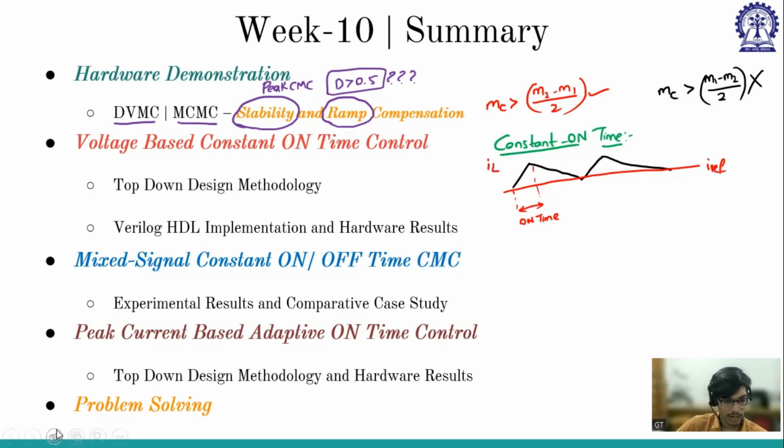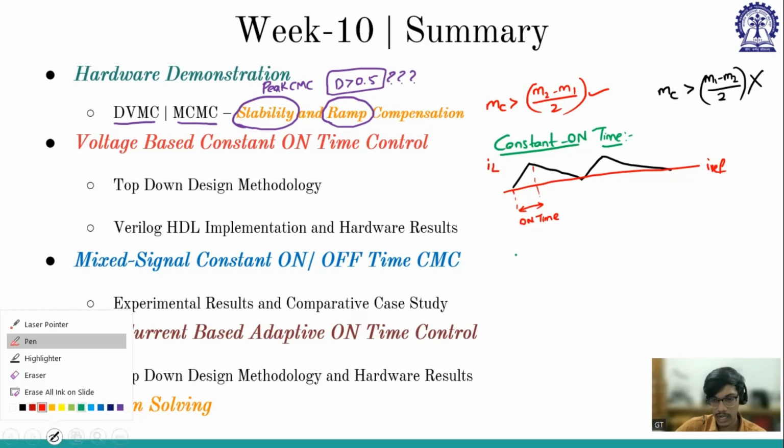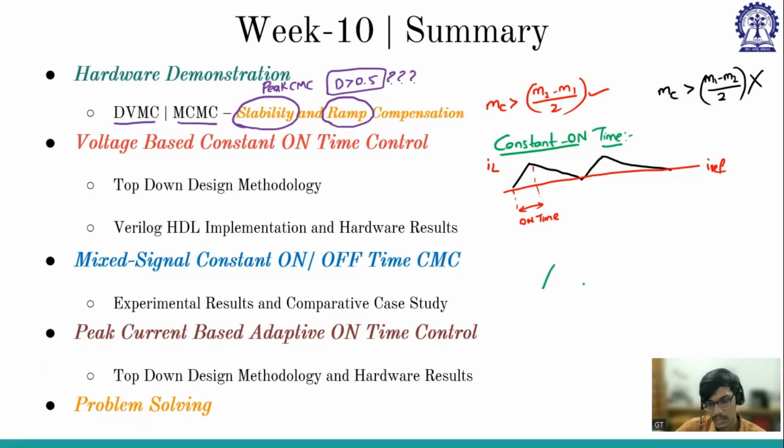Now I'll consider one case where the inductor current is like this, and after off time, I'm considering one scenario where it is like this. And say the reference has changed and it is beyond, some case where I reference is above this IL. Then in that case, what happens?